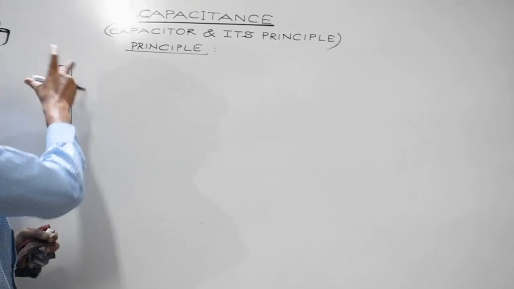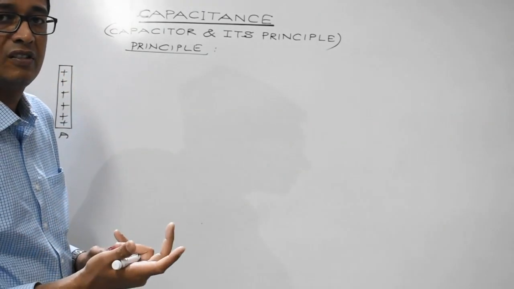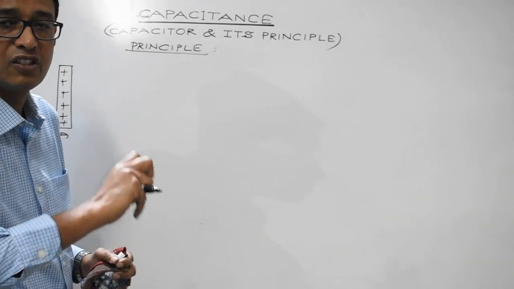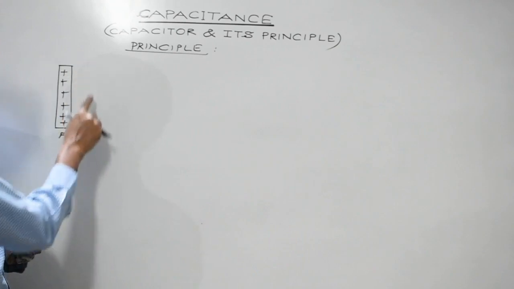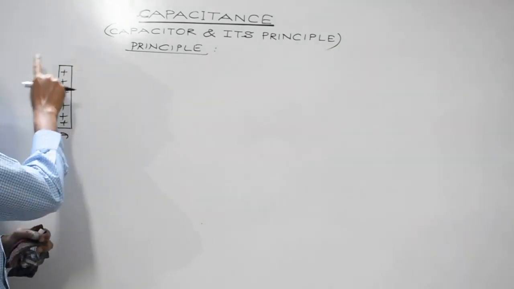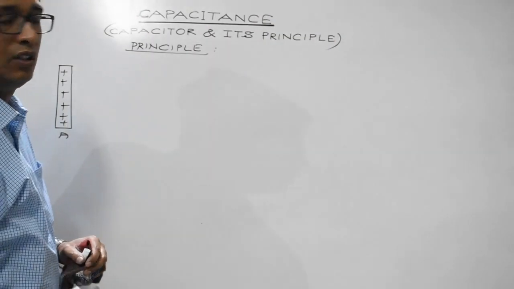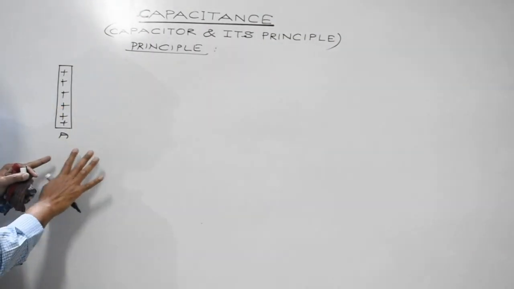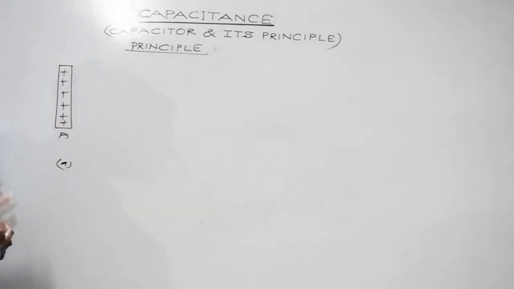Thereafter, if additional charge is given to it, it will not accept any additional charge. Instead, it will lose that additional charge to the surroundings. So it has a limitation, that it can't hold charge beyond a certain value. This can store charge, but its charge storing ability is very, very small. I hope you have understood the first case, right?